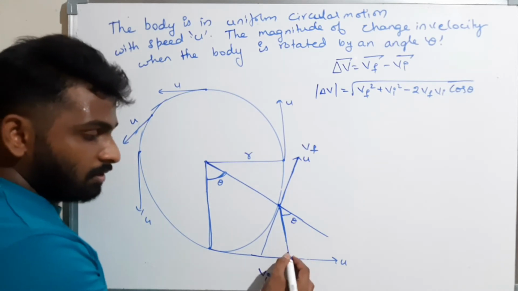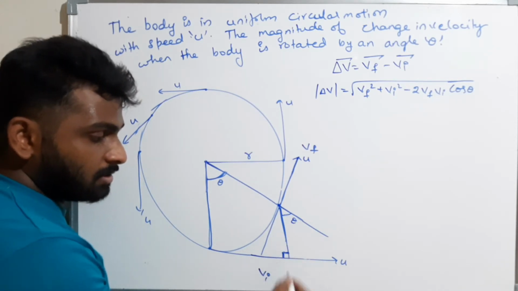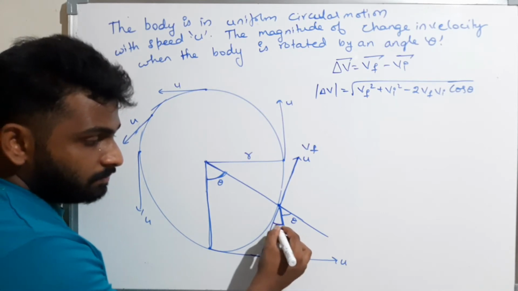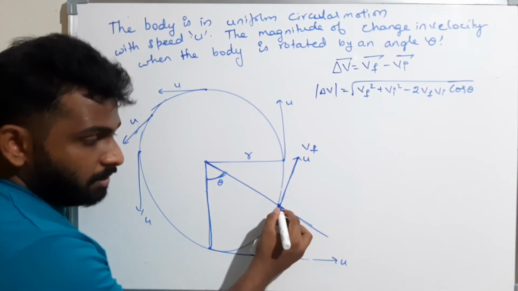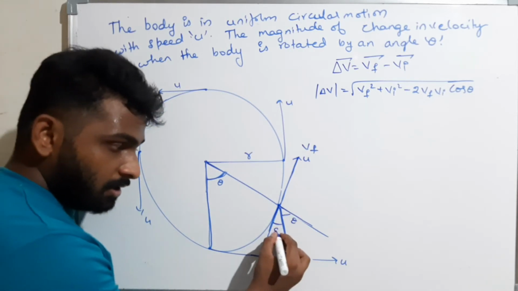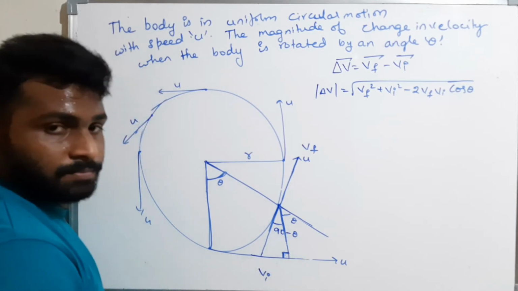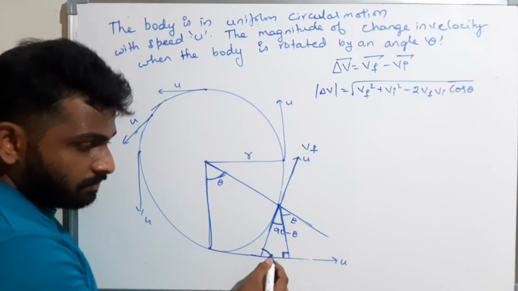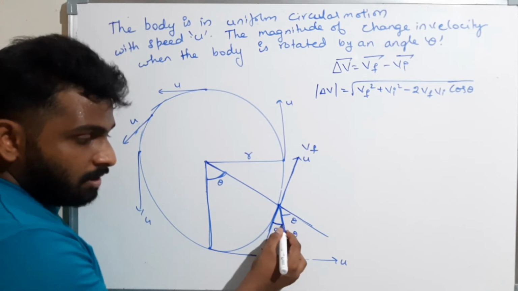Well and good. Now what is this angle? This angle is 90 degrees. This is perpendicular to this line. Now what is this angle? This is 90 minus theta. If this is 90 minus theta, then what is this angle? 90 minus theta.